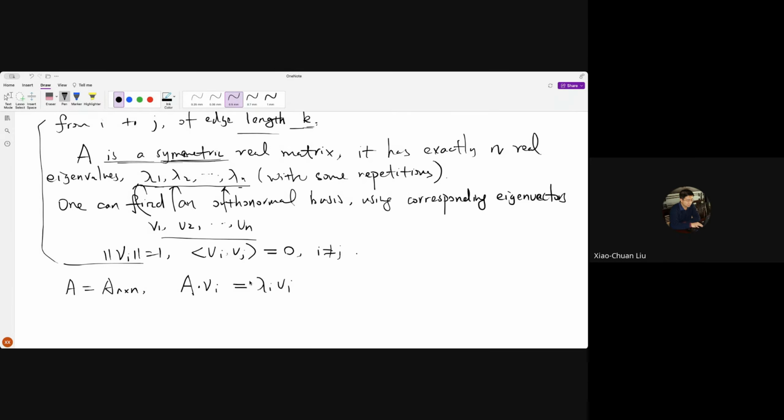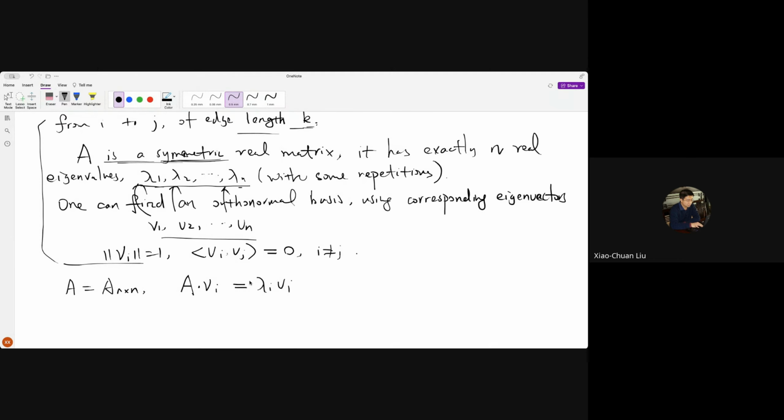This is the definition of eigenvalue. If you restrict to this vector and look at the action of A on it, it has the effect of multiplication by a scalar lambda i. The scalar is what we call the eigenvalue.